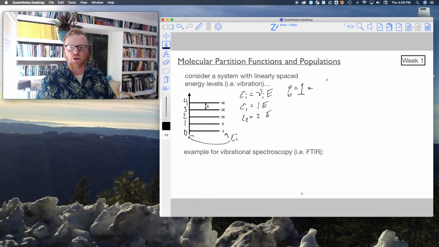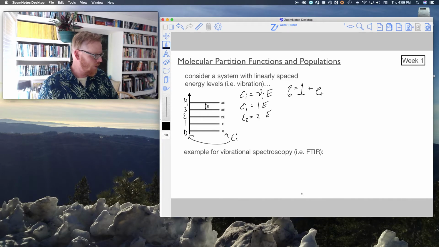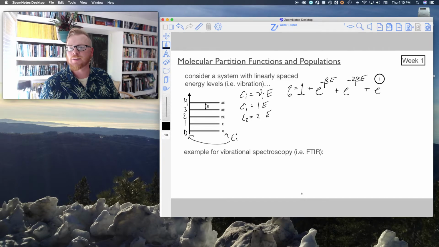Now the next term is going to be e to the negative beta times 1 times E, so I'm just going to write that as e to the negative beta E. Plus my second term is e to the negative 2 beta E, plus the third term is e to the negative 3 beta E, and so on and so forth.